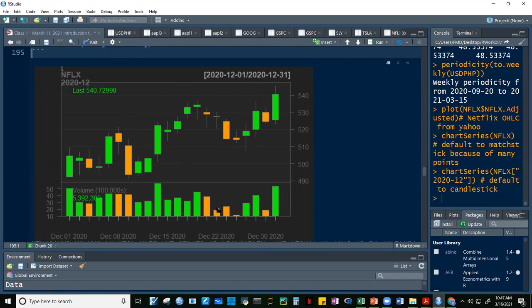Ano yung volume, guys? Number of shares o yung amount? Ano yung volume na to? Are these in dollars? Or number of shares ba to?